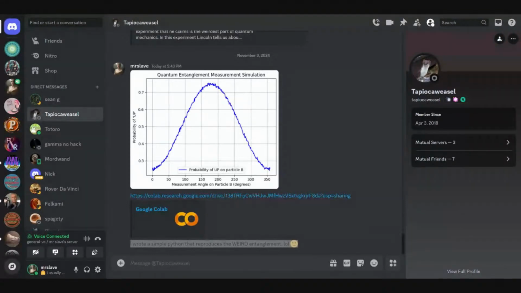I wrote a simple Python. So this is 10,000. What if we do 100,000?